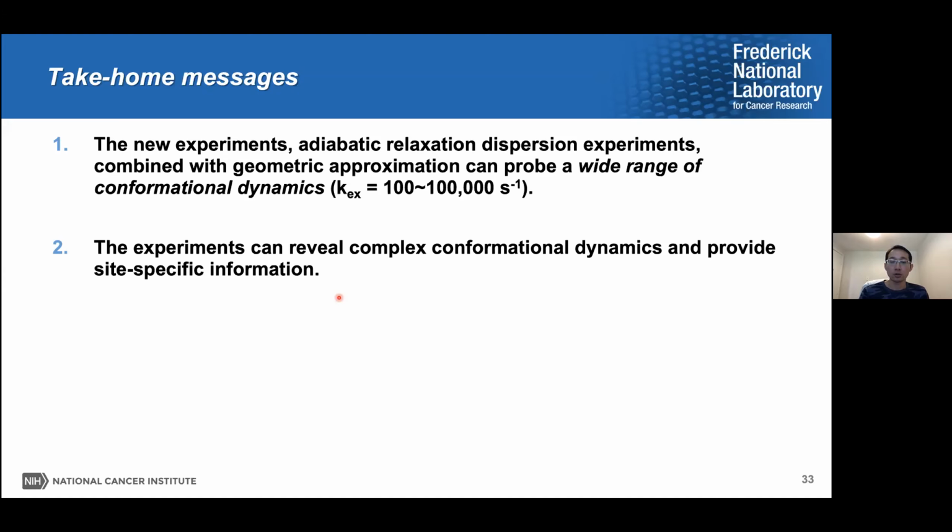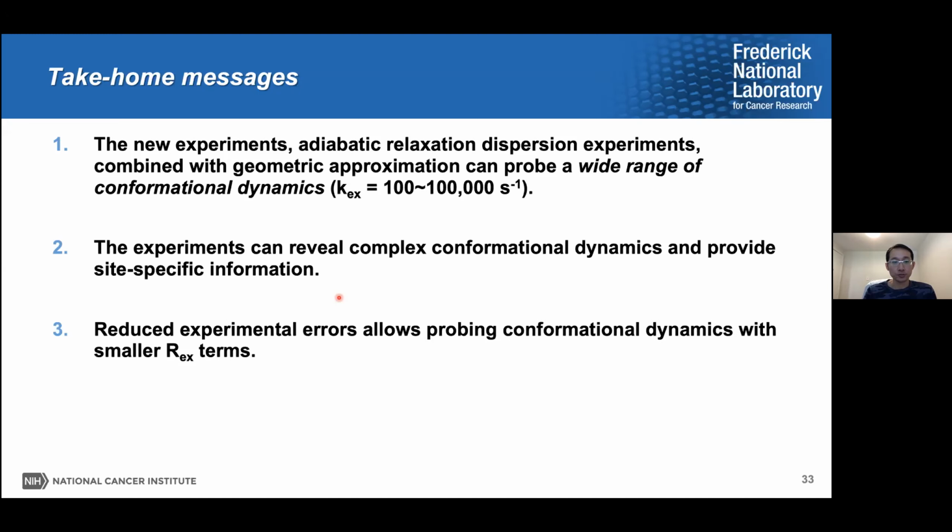We take a different approach than the conventional one: we do site-specific data analysis, so we do not do the grouping. So it can reveal complex conformational dynamics and provide site-specific information.